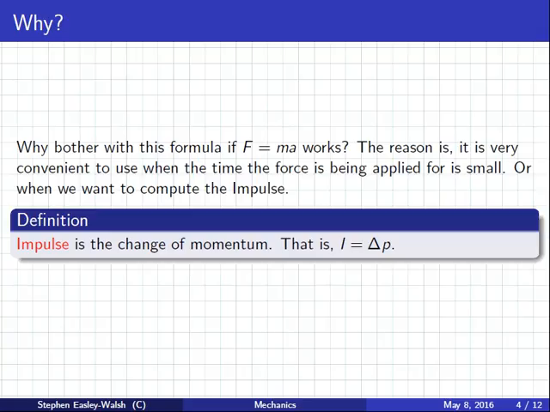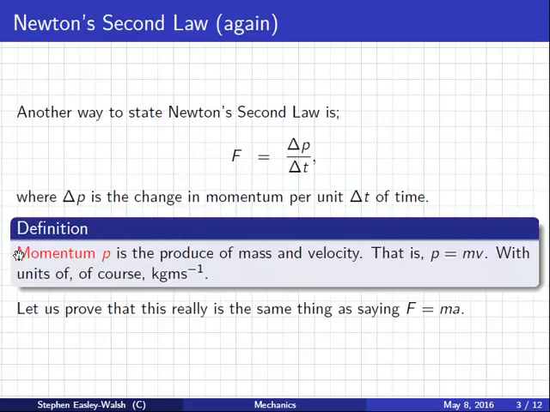Unfortunately when you type, it looks the same as L. It's I. Why is it I? I for impulse. We did not say that change in momentum is delta P over delta T. We did not.